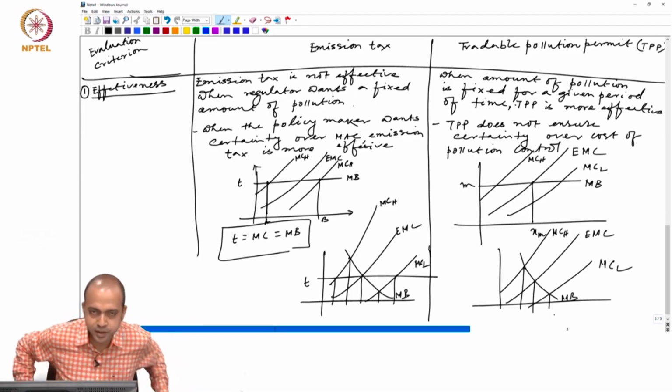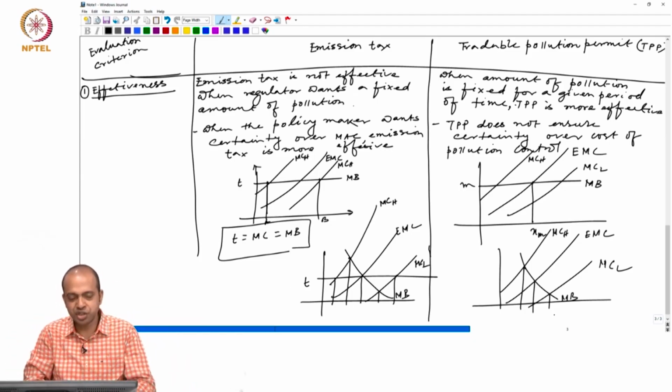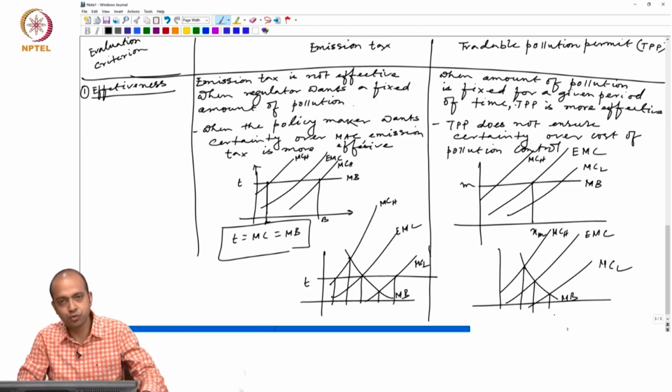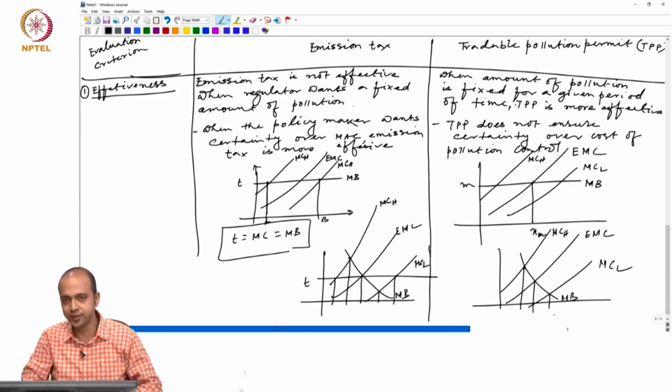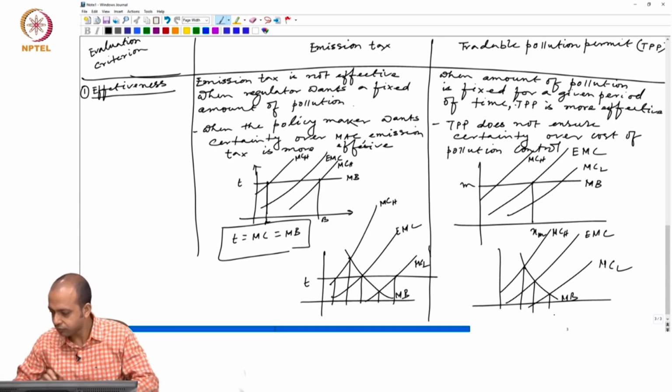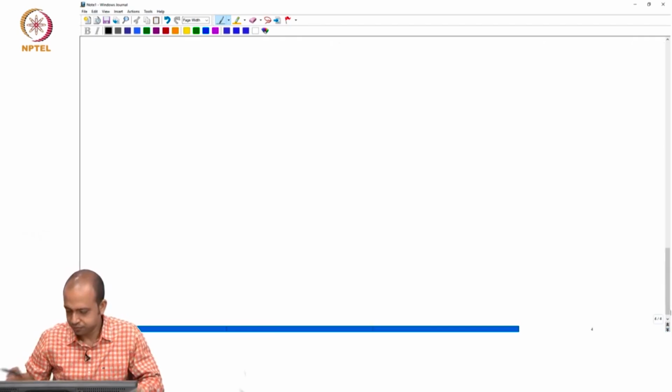So, first we have to fix the regulator's objective, then only we can understand their relative effectiveness, right. Then let us talk about efficiency.